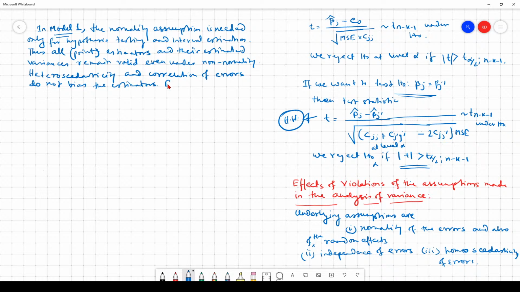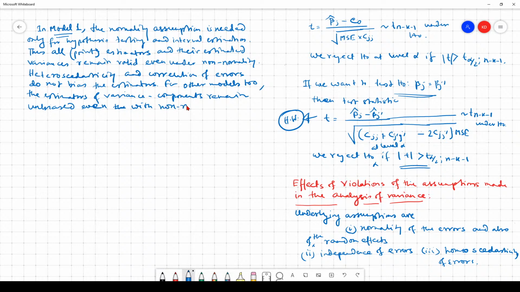For other models too, the estimators of variance components remain unbiased even with non-normal random effects.